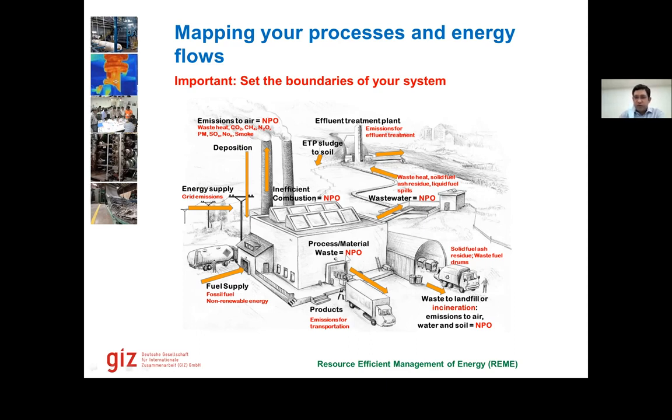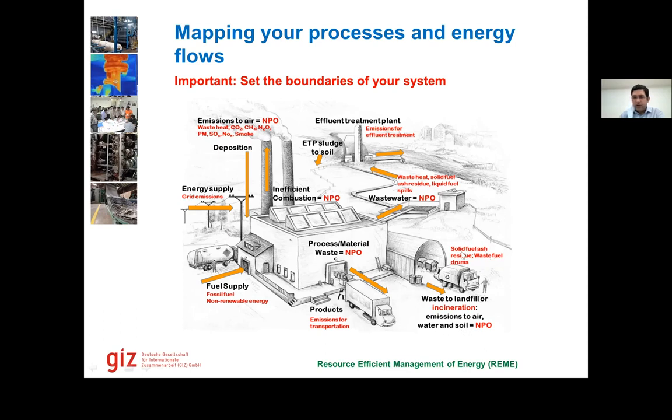Inside, we also have process or material wastages, over-processing, for example, where we might have some losses. Then the product is going out and there are emissions for transportation. We have our waste going to landfill or incineration, where there are emissions to air, water, and soil, for example.